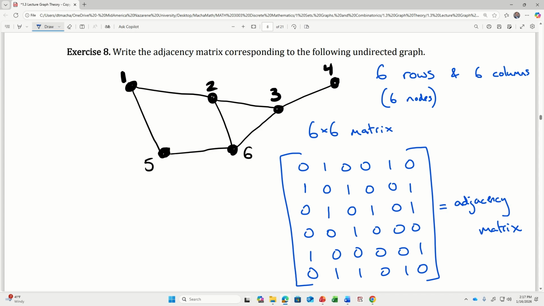And it doesn't matter whether you look at the rows or the columns, because this is an undirected graph. So if, for example, node 3 is connected to node 2, that means node 2 is connected to node 3. And you notice that the matrix then is a symmetric matrix.